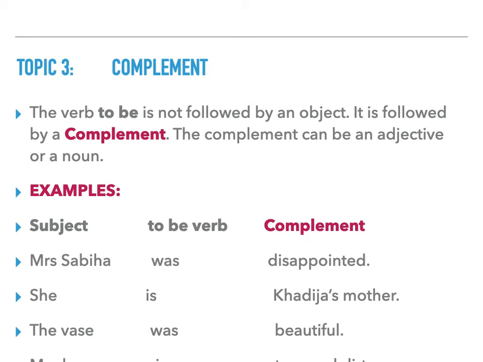Again, she is Khatija's mother. Khatija's mother is a complement again. The verse was beautiful. Beautiful is again an adjective. Khatija's mother is a noun, so you have to be careful about it. These are complements and not objects.